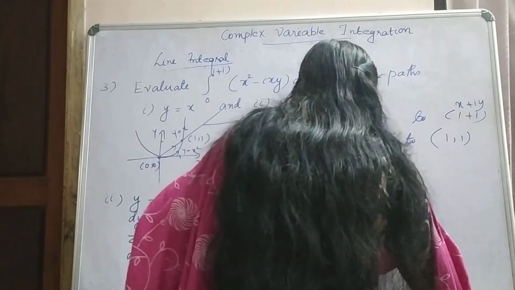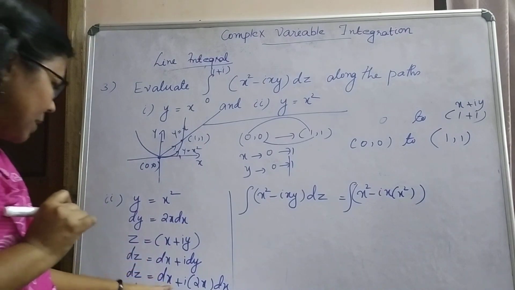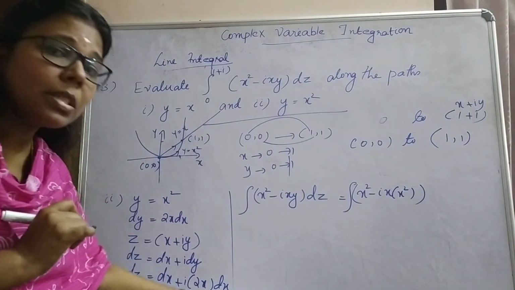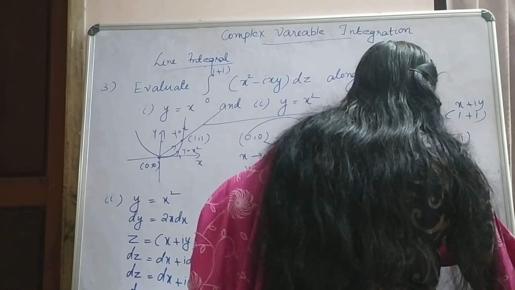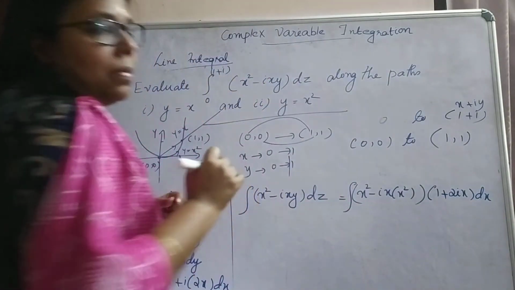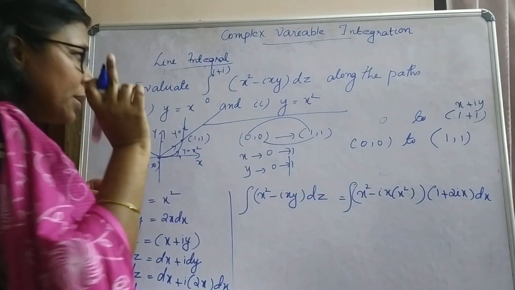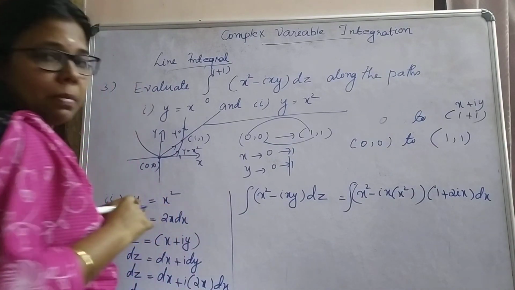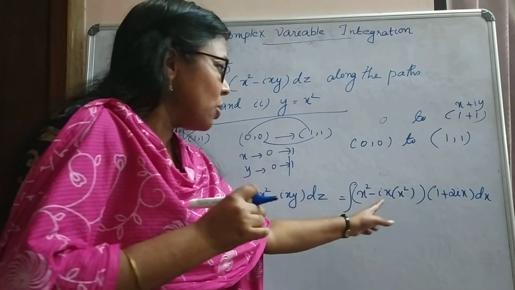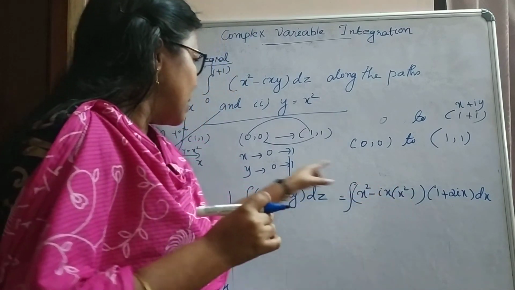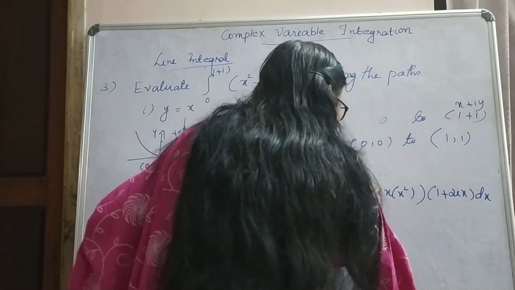Therefore y can be replaced by x square, into dz, which is 1 plus 2ix into dx. It contains only x and dx, therefore the limit required is for x only. The limit for x is 0 to 1.